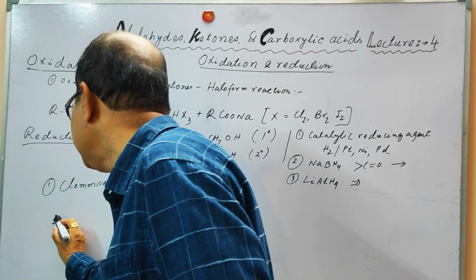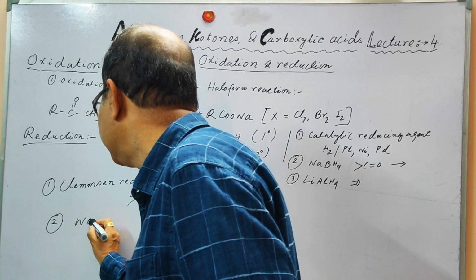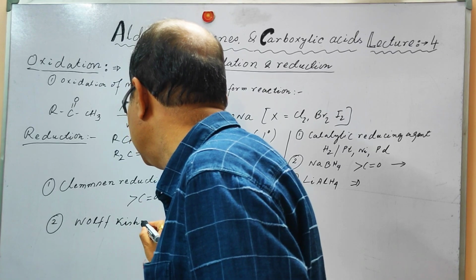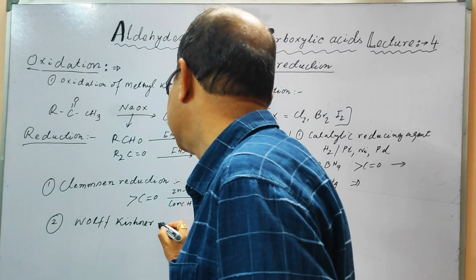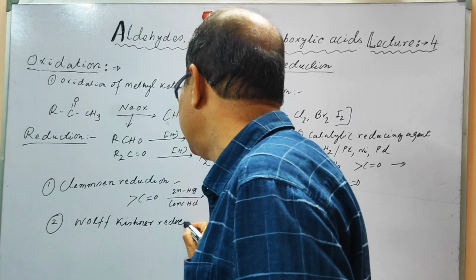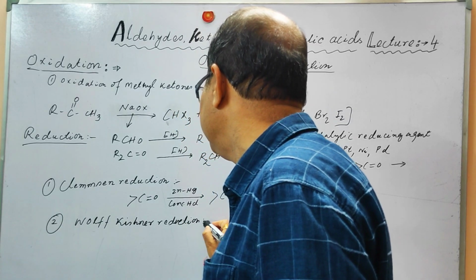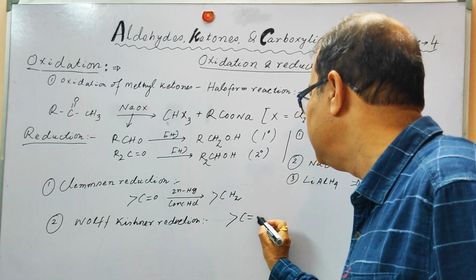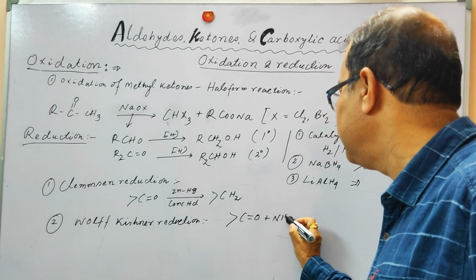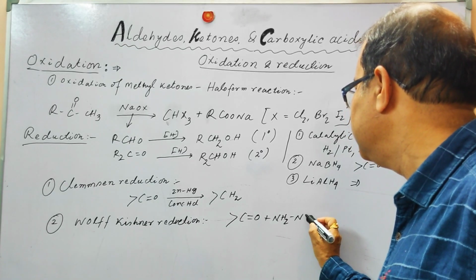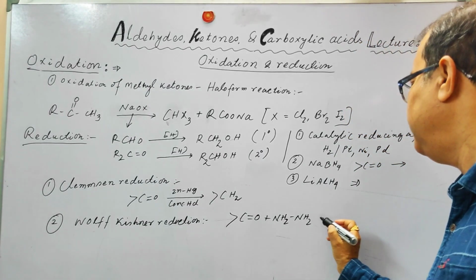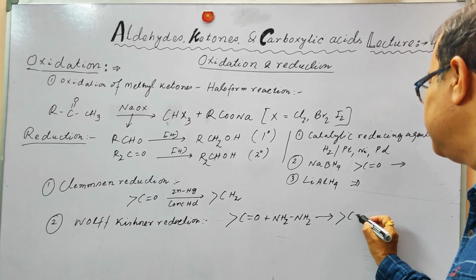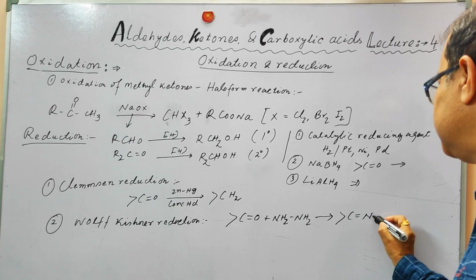Another important reaction is the Wolff-Kishner reduction. In this case, first the aldehyde or ketone, that is the carbonyl group, is reacted with hydrazine, and it is going to produce this.